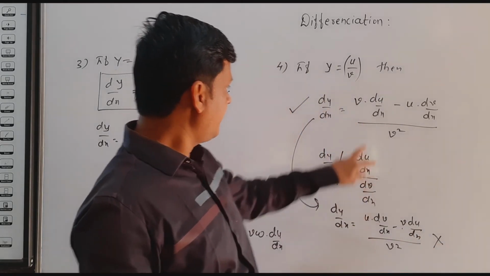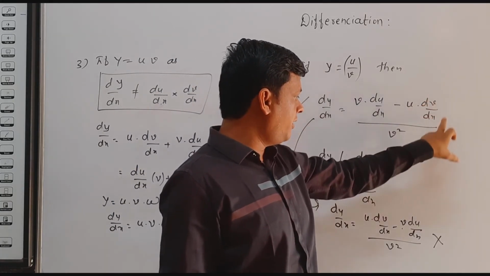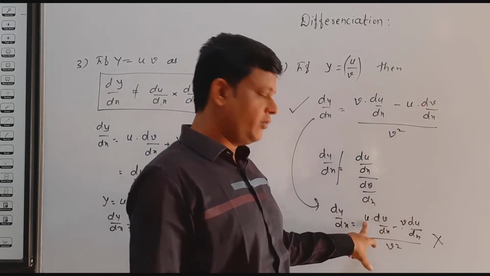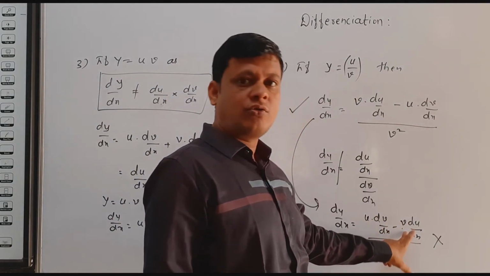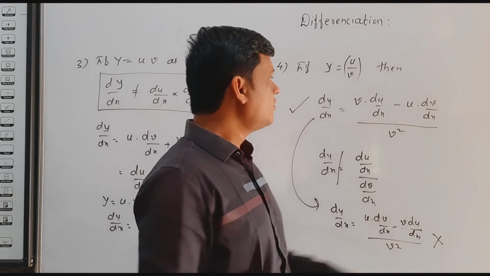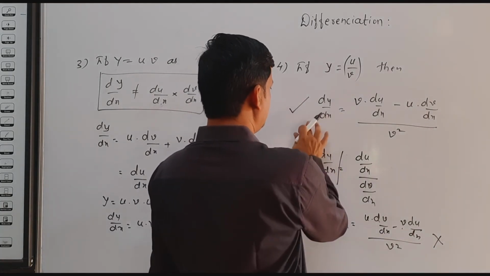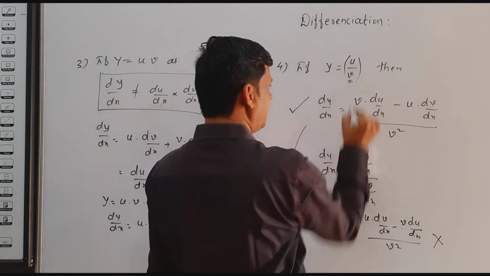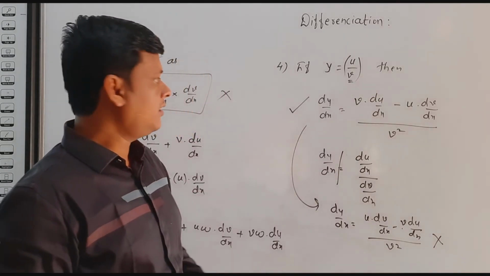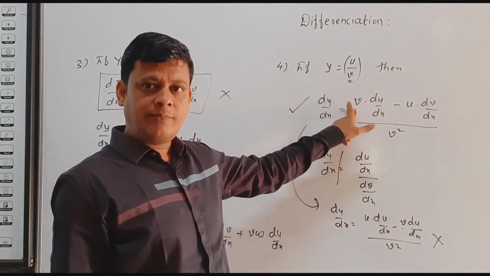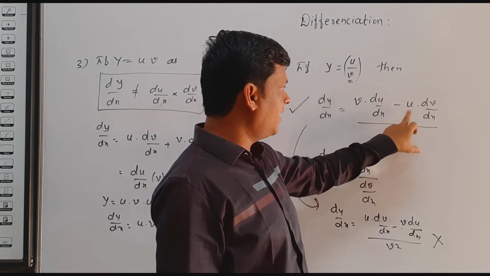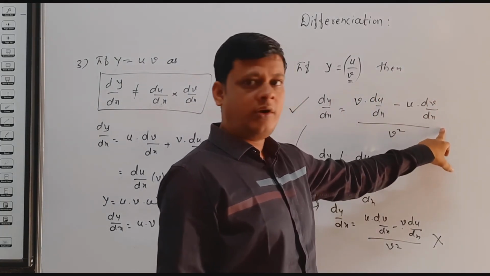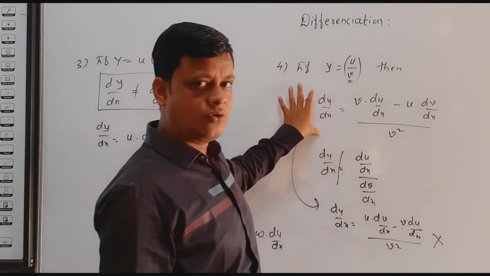Because here u into dv by dx, which is at the second position, we write at the first position. If you write in this form, you have to take the minus sign common. So for that you use this concept. You have to write the denominator function in product form first, then find v into du by dx minus u into dv by dx upon v square. This is the quotient rule.